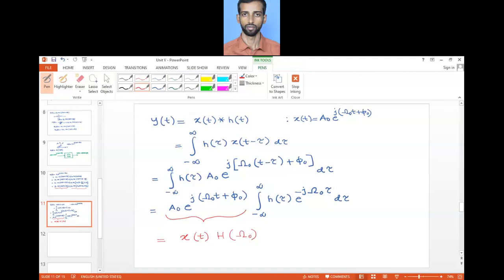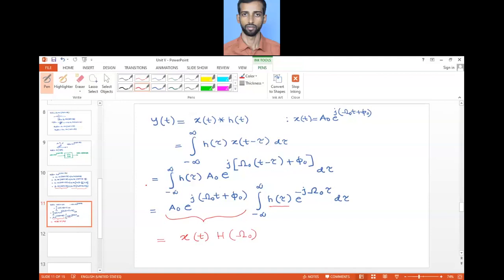As you know, any LTI or LSI system can be characterized by its impulse response. Since h of tau is in the integrand, this is a property of the system itself alongside the input frequency of the complex rotating phasor, that's omega naught. So we have represented this as H of omega naught.